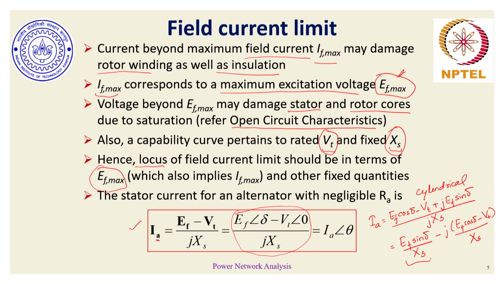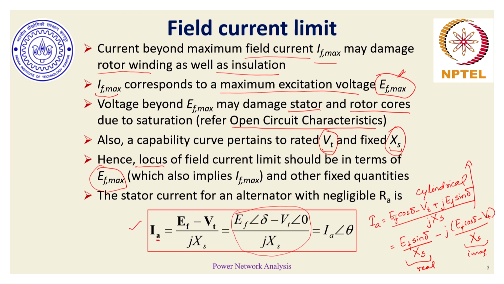So the first term here is the real component of the armature winding current, and the second term here is the imaginary component. Now if we try to find the magnitude of this armature current, what we can do is we can probably evaluate.